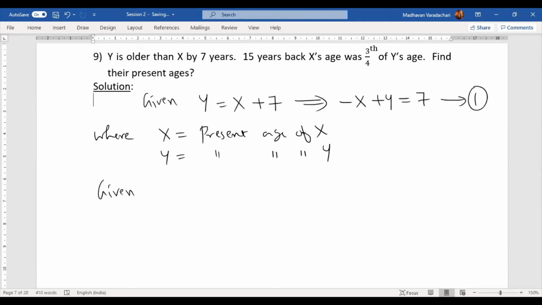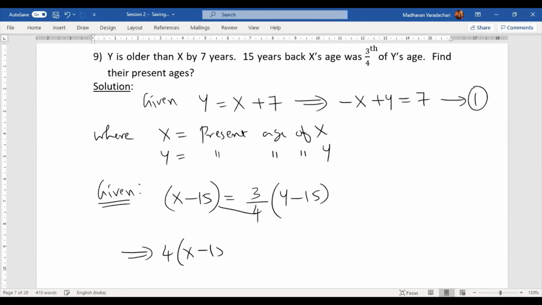15 years back, x's age would have been x minus 15. Okay, that was 3/4 of 15 years back. Y's age would have been y minus 15. So now again cross multiplying, what do we get? We get 4 times x minus 15 is equal to 3 times y minus 15.